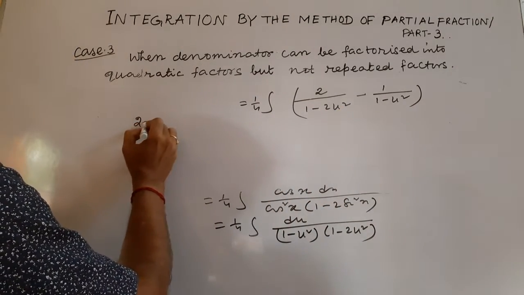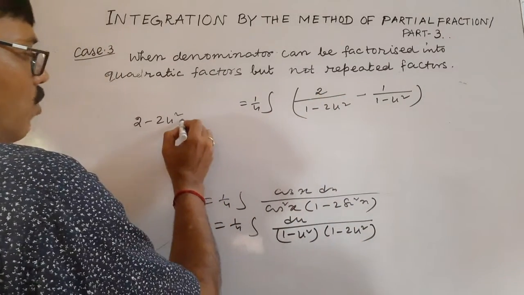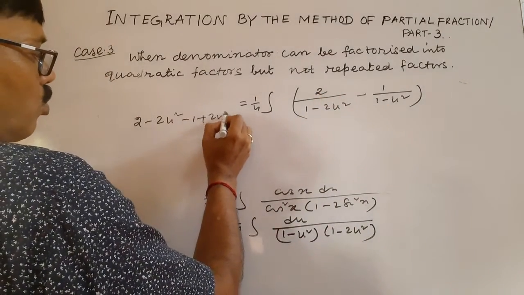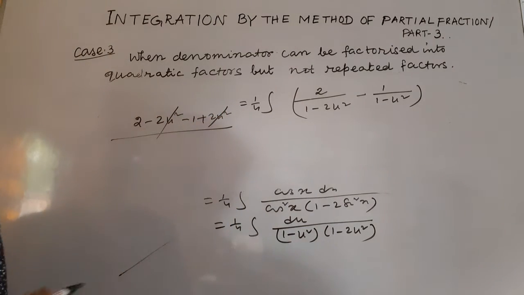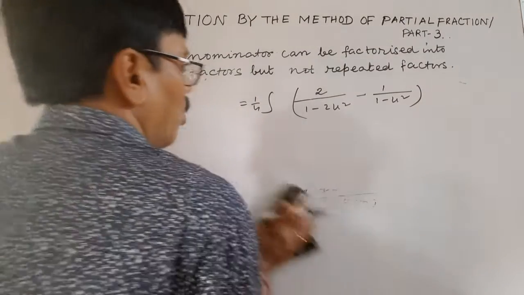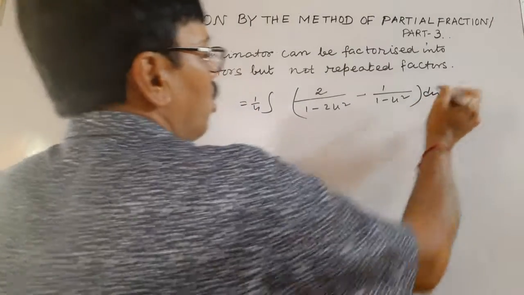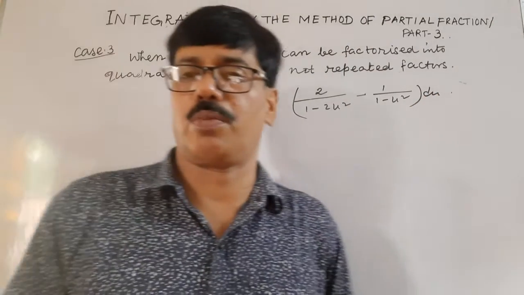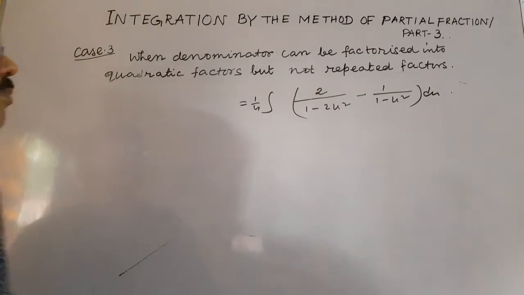So 2 minus 2u square minus 1 plus 2u square. So this one is cancelled out and you are getting 1. So the meaning is the same, and we can express it in this form. Or you have to use the method of partial fraction using u square equals to p.